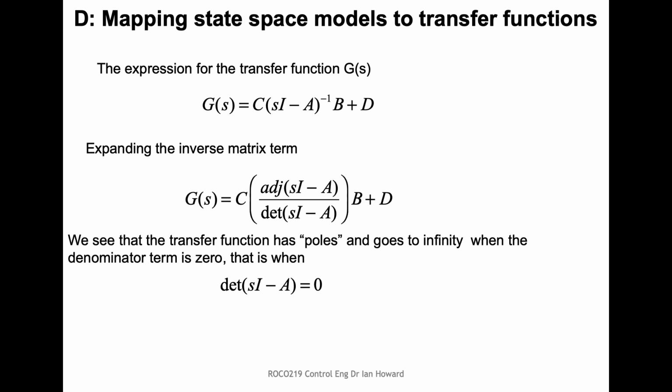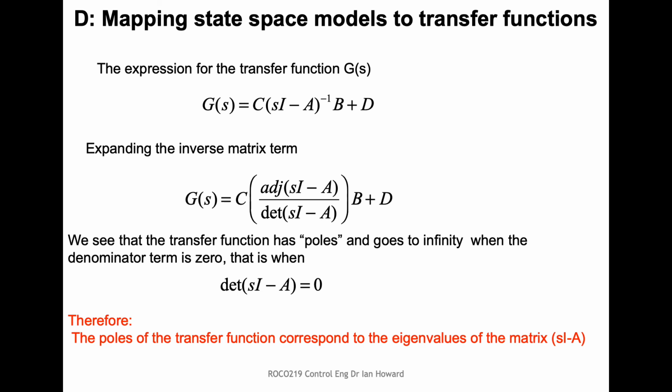So that's the equation, the determinant of (sI minus A). But that expression gives us the eigenvalues of this matrix. So s is going to be the eigenvalue of this matrix, the solution to this problem. Therefore, we get a pole at the eigenvalues, and that's why poles and eigenvalues are related in this way.